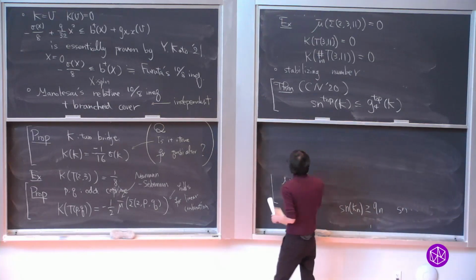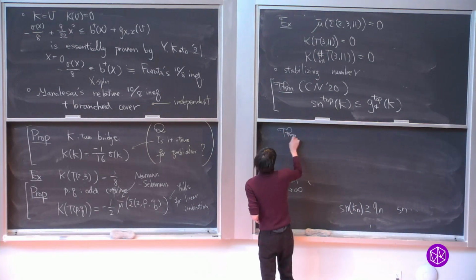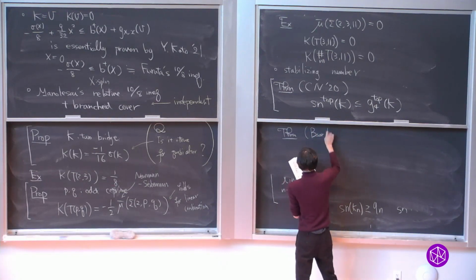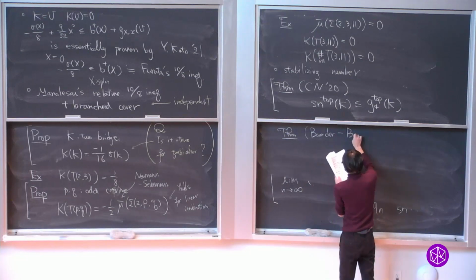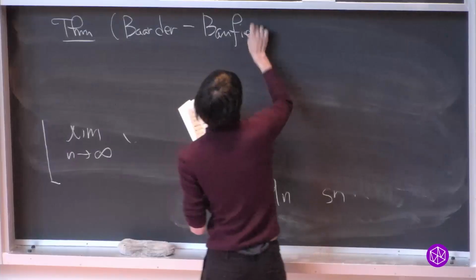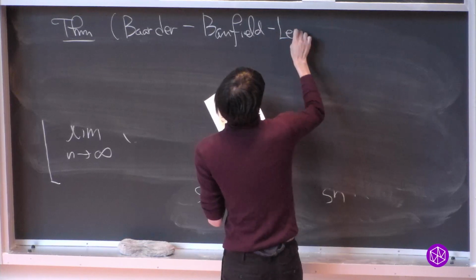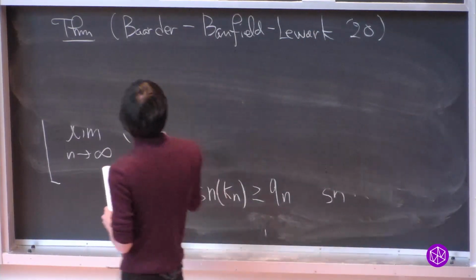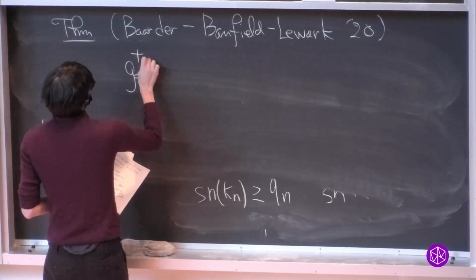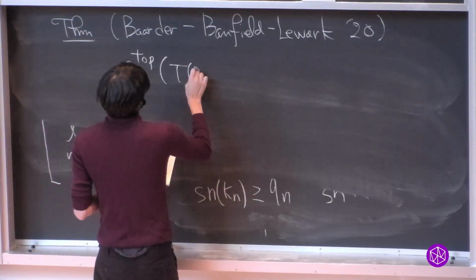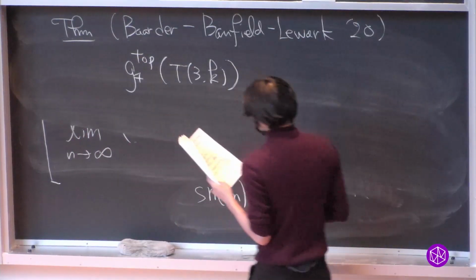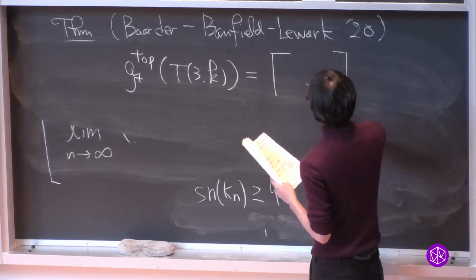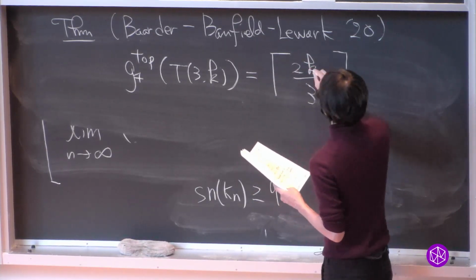And also, there's some deep work on the topological side again. Baader and Banfield, recently, again gave the topological four-genus bound for T(3,K), which is given by just a ceiling function of 2k over 3.